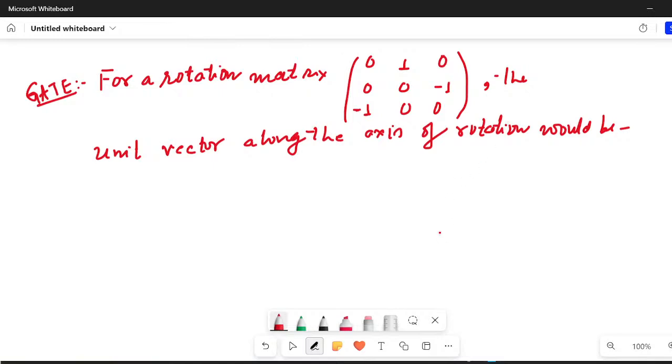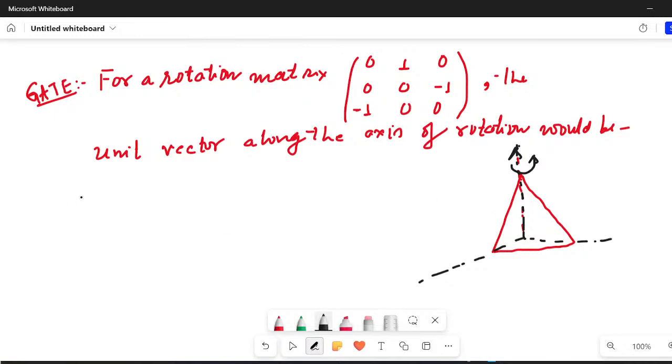So always remember that, let's say I'm rotating about, let us say I have a tetragonal, and let us say that I am rotating about this axis. So what remains invariant?